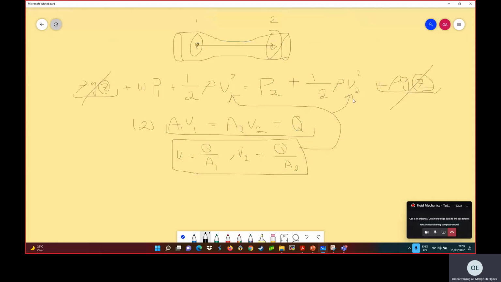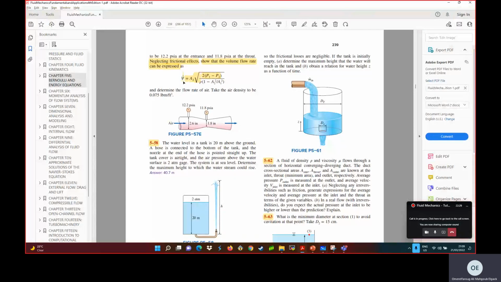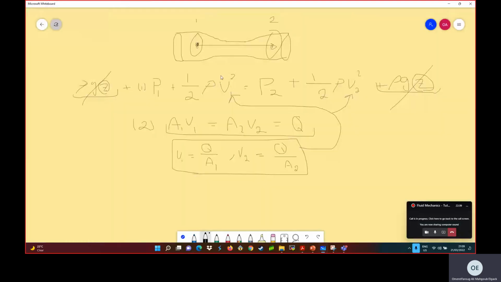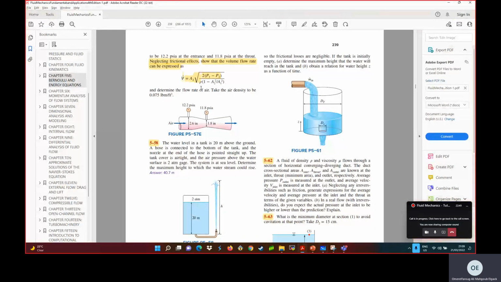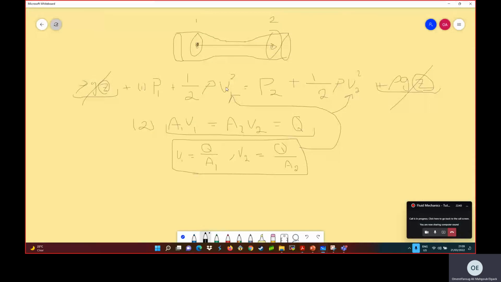Why is that? Because I want this equation to contain the volumetric flow rate, because, as you can see, in the end result I need to have the volumetric flow rate equal to some terms that are present in the Bernoulli equation, like P and P. And you have the area here, meaning that you remove the velocity, there is no velocity here, and you substitute it by the volumetric flow rate and the area.